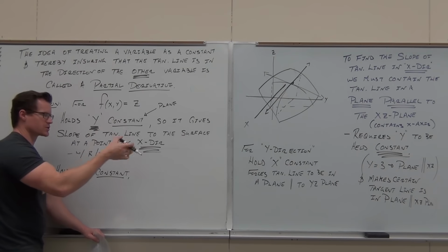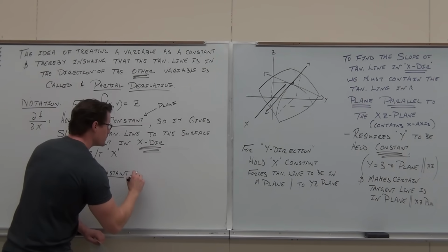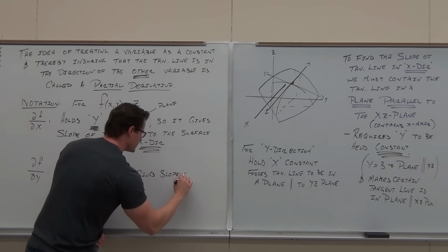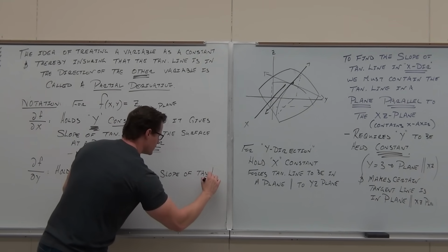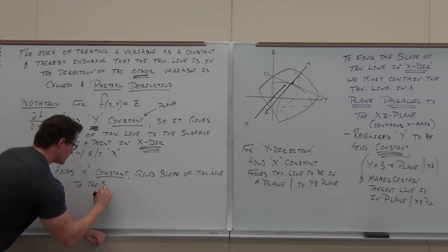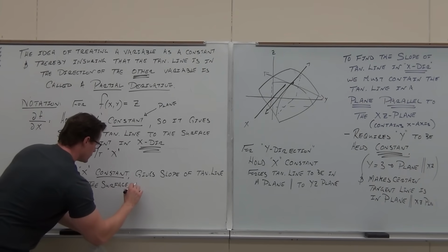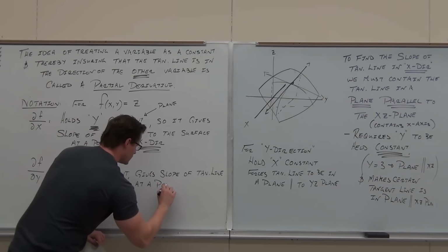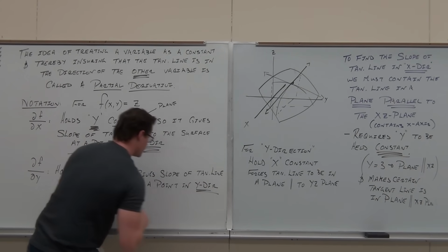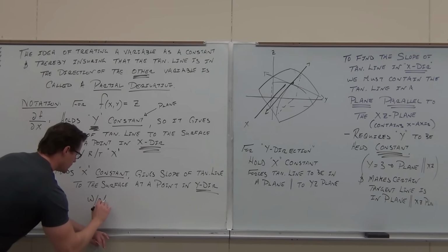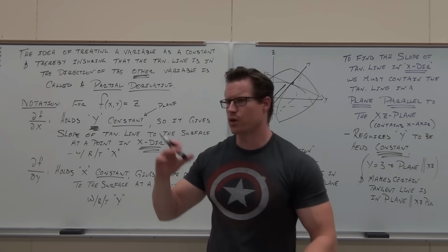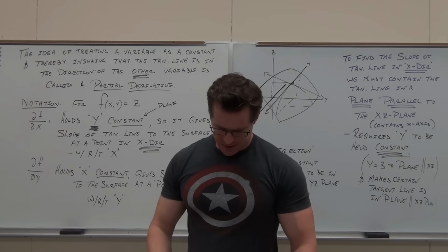It gives the slope of the tangent line to the surface at a point, but in the y direction. We say that's with respect to y. We're letting the y move, we're holding the x constant. That's the magic, guys. That's the magic.